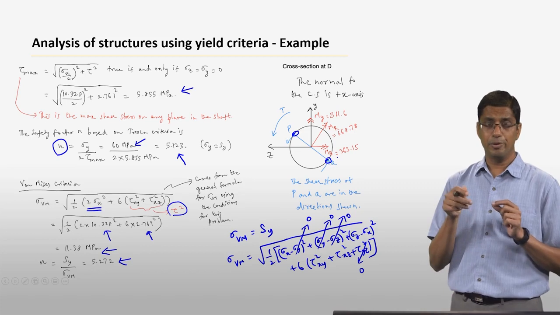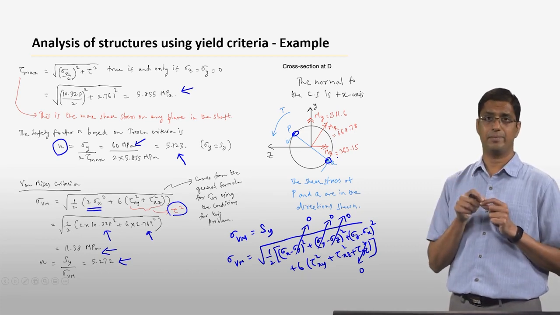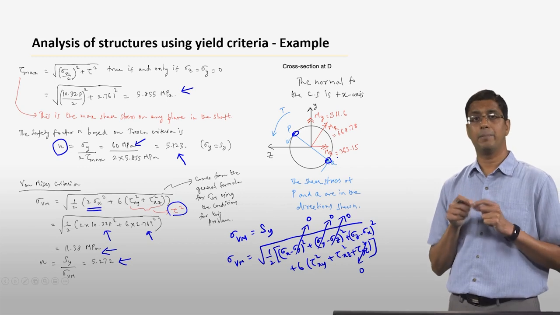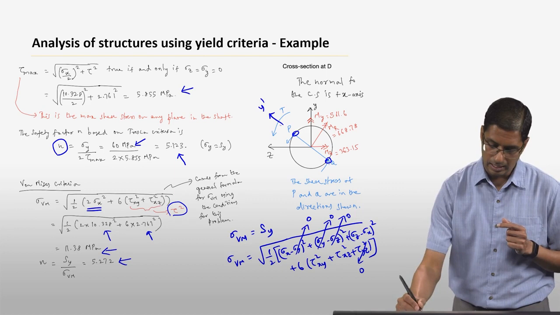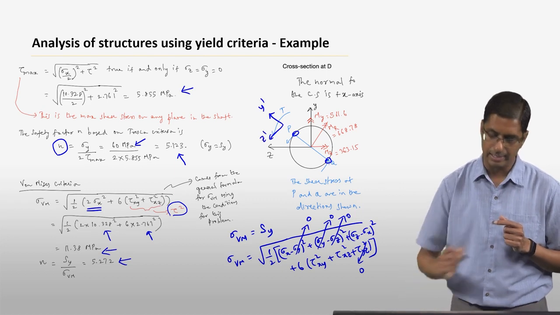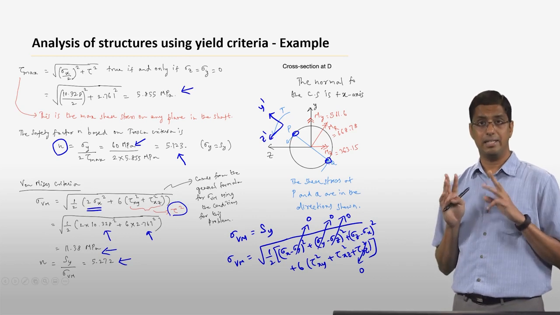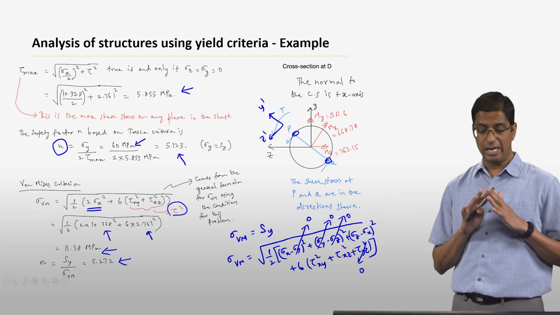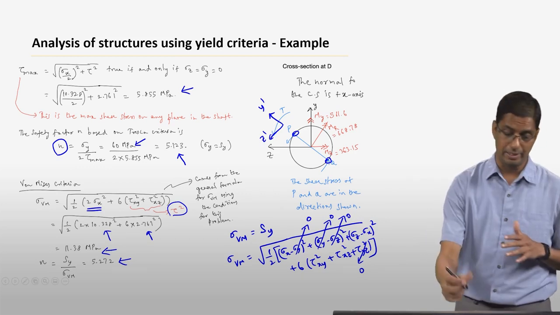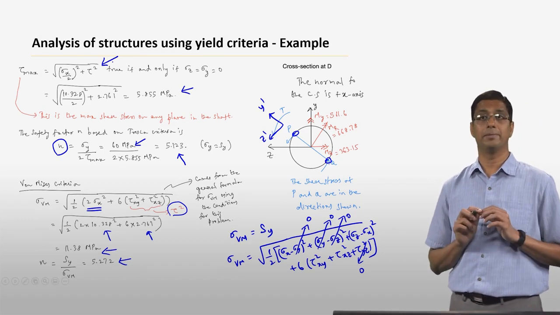However, if you rotate the coordinate system about the x-axis, so that your y prime axis and z prime axis are rotated, then you can make that 3D stress state into a 2D stress state. Once you make it a 2D stress state, this formula is applicable.